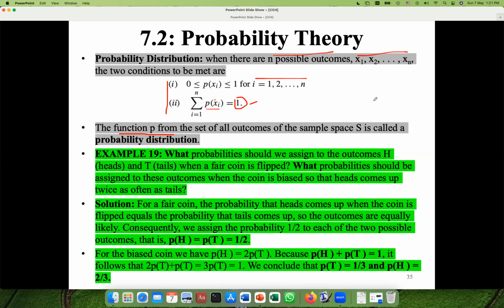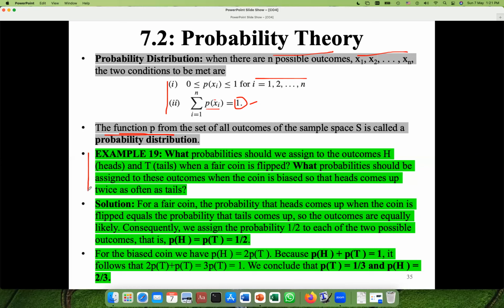If you have n events, then each event or outcome has its probability value. Those probability values are distributed among those n outcomes. So that is the concept of probability distribution. What you have to keep in mind is only two things. If there are n outcomes, their sum would be equal to 1, and their probability values individually would be between 0 and 1, nothing else.